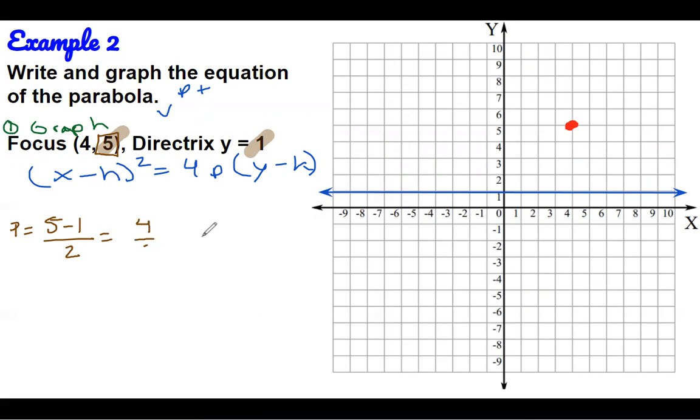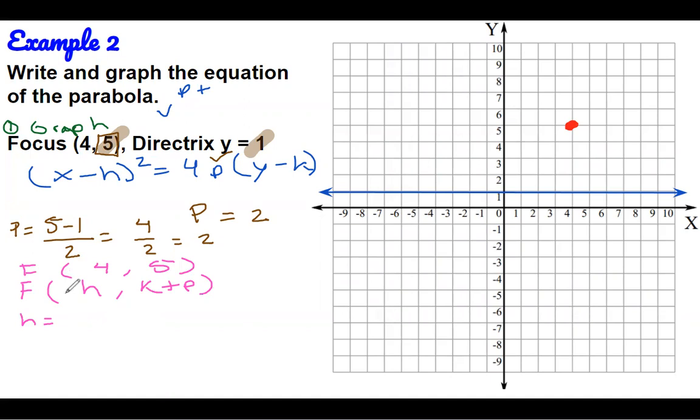What do I need to find next? H and k. So I'm going to use my focus to find my h and k. So here's my focus. I'm going to abbreviate F for focus. It's at (h, k plus p). What are the values of the focus? 4 and 5. So h equals 4. k plus p equals 5. Now, do we know what p equals? Let's substitute that.